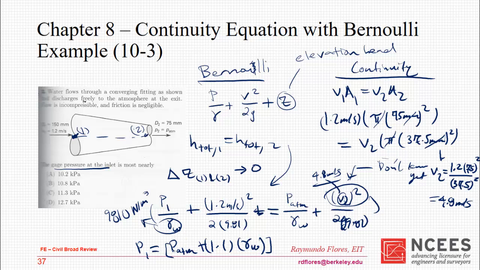But remember, it's asking us the question such that it's just the gauge pressure. So gauge is obviously just this portion, and so what we have is 1.1 times 98. Well, so this is going to be this. So this is P gauge. So that's about this, right? And that will be our answer. Thanks for watching. We're going to go on to the next problem.